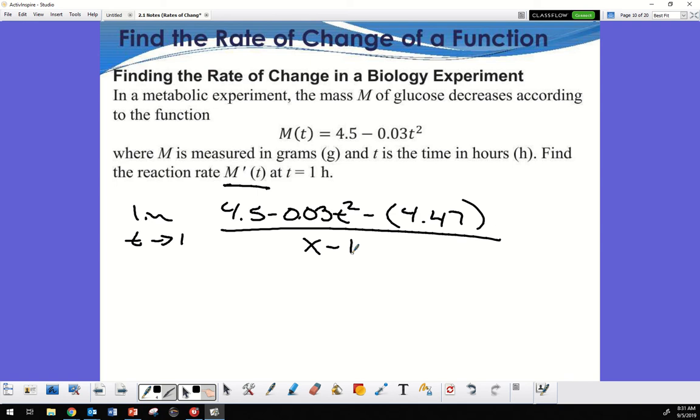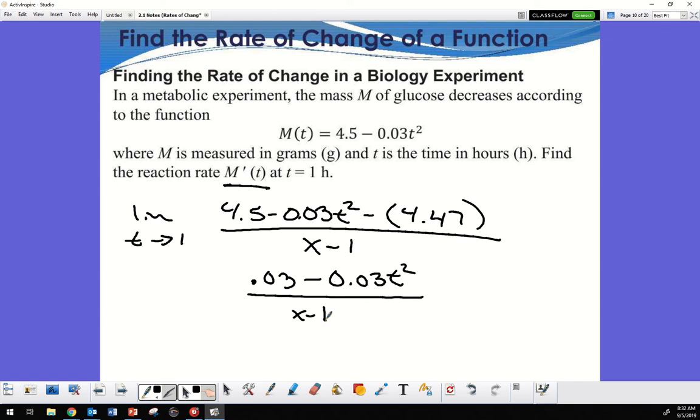From there, combine like terms. As I distribute, I'm going to get 0.03 minus 0.03 t squared over t minus 1.